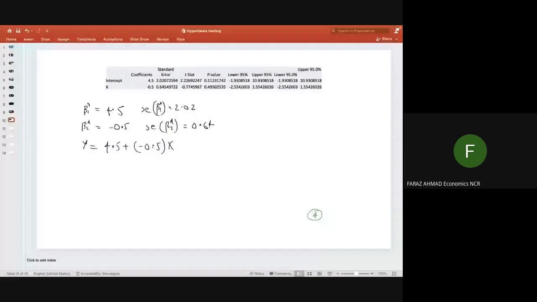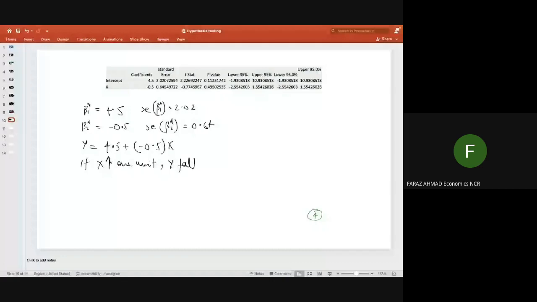It means that if x rises by 1 unit, y falls by half a unit. So it's in the units of x and y.